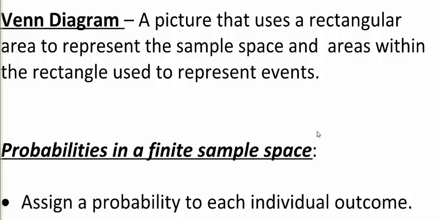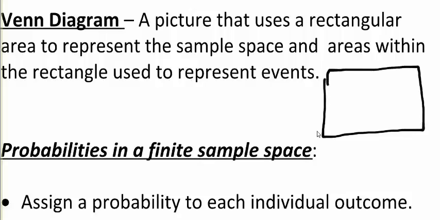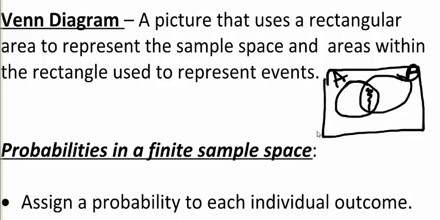So in a Venn diagram, usually the box represents all possible outcomes. Then you have an event A, then you have an event B. There's an overlap section, that's the A and B part.